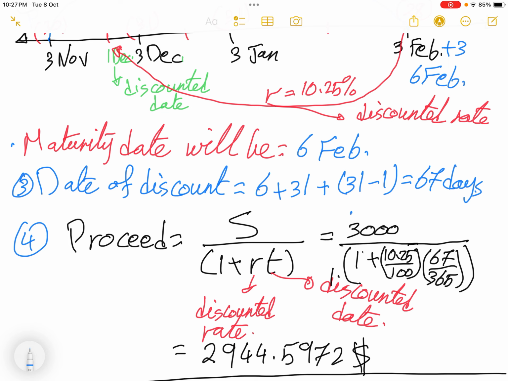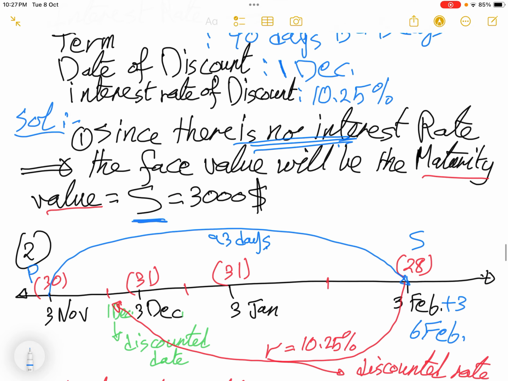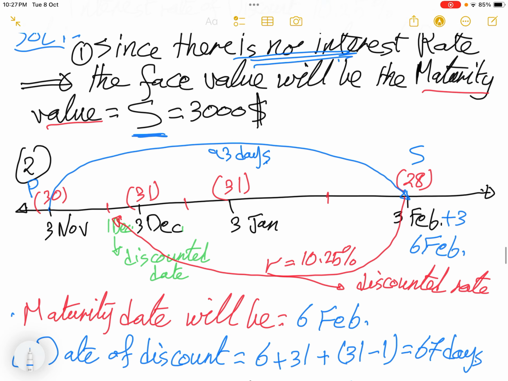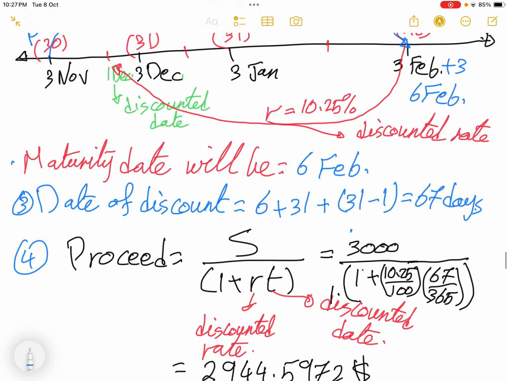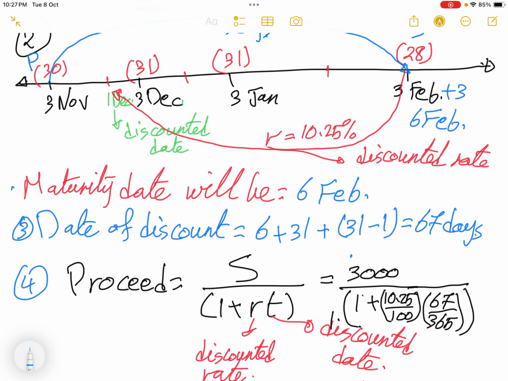Maturity date will be 6 February. Maturity value will be 3,000. Date of discount, calculate 6 plus 31, which is January, 31 December minus 1, which is 30. It means that we have 67 days.